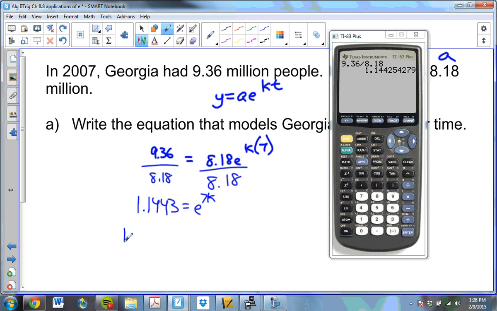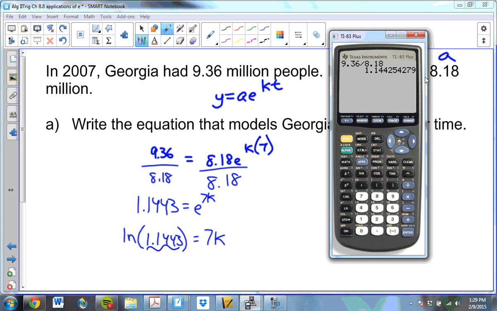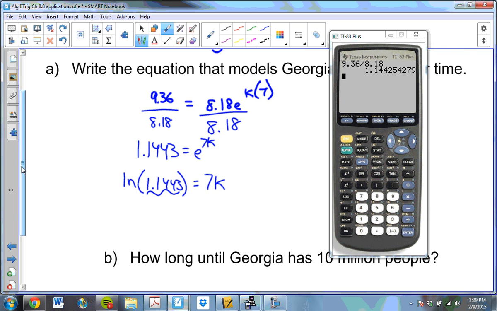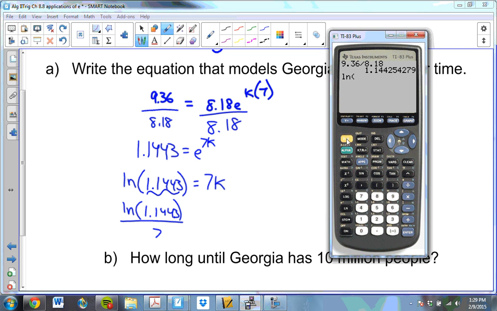Take a natural log of both sides. The nice thing is, even though I'm not writing out this whole number here, it's still stored in my calculator. So if I don't use my calculator until this last step, when I do ln of 1.1443 divided by 7, I can just do the natural log of the previous answer and divide that by 7.